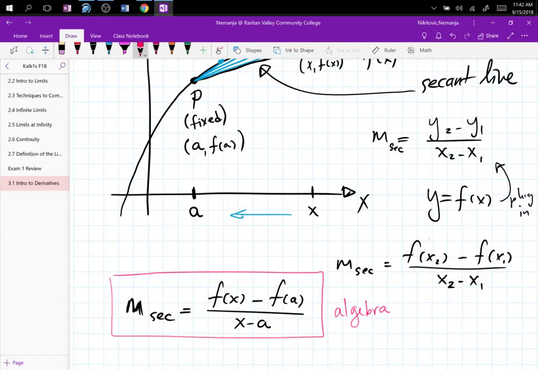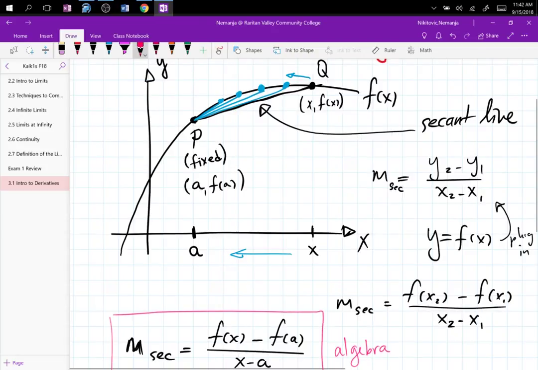Where is the motion? Point Q is going to move to the left towards P. Every time it gets to a different position, it is going to generate a different value for the slope. Each blue line is the new black line.